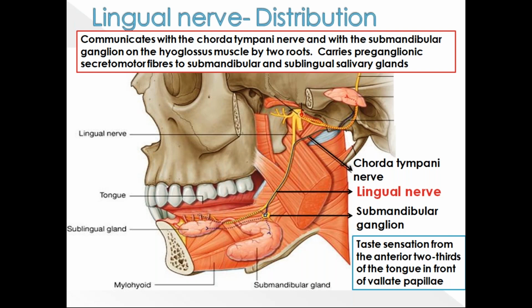So it supplies both, and through this it carries taste sensation from the anterior two-third of the tongue in front of the circumvallate papillae, and even some general sensation from the tongue is also carried by the lingual nerve through the chorda tympani.